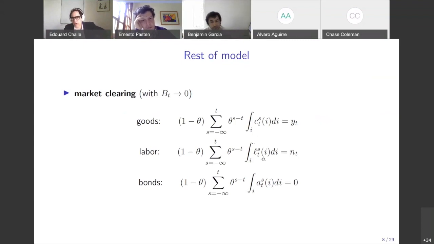This is total labor supply within and across cohorts that has to be equal to the total labor input used by firms, big N, small nt. And because bonds are in zero net supply, the bond market must clear at zero. But unlike in the representative agent model, this is consistent with individual agents having large positions because some of them will lend to each other. So there will be borrowers and lenders in this economy.